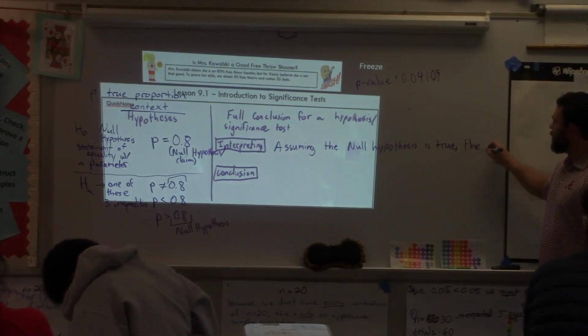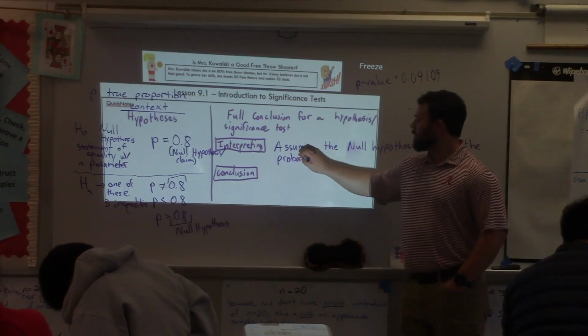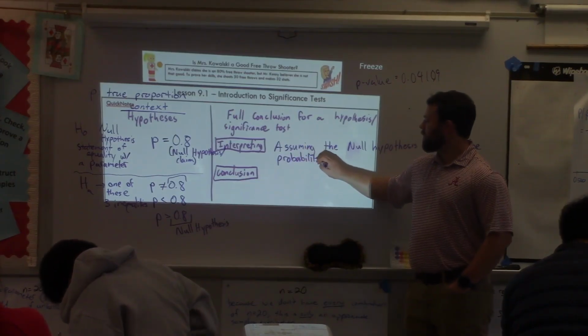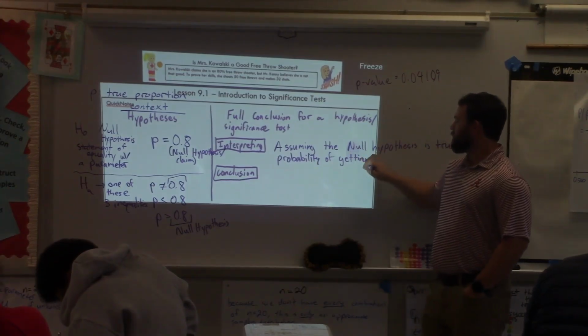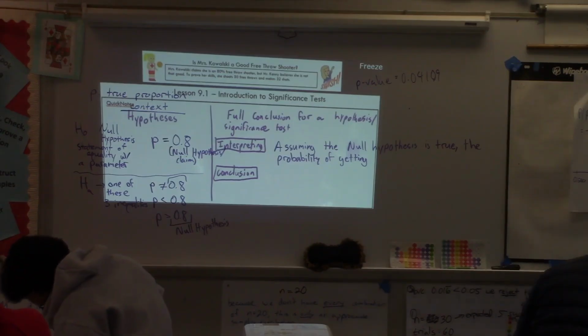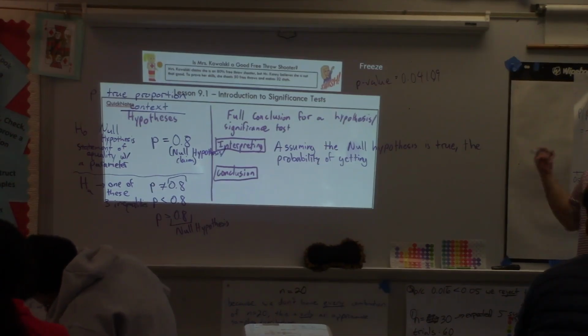that's the probability of getting what? What did we calculate this whole time?